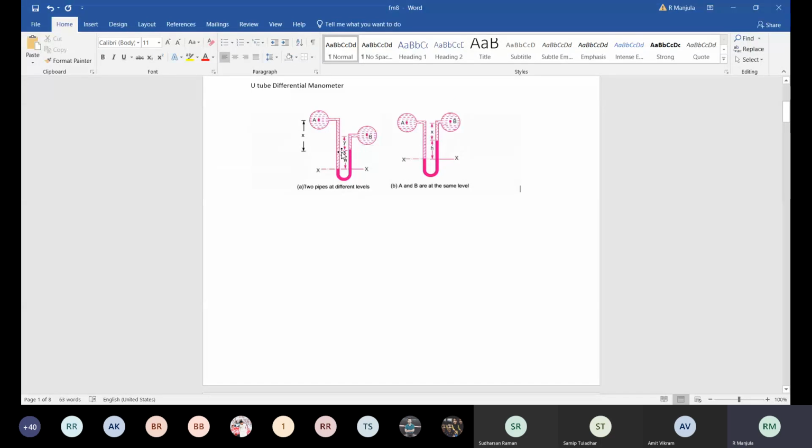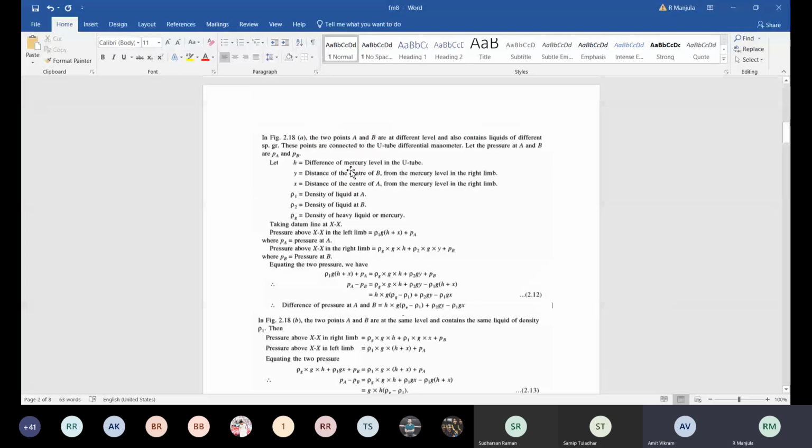Say this is the x, this is the y. In the formula that you derived in the first part, we have to multiply x by the density of the liquid in column A and y by the density of the liquid in column B. Since both are different, we have to know them individually, and those are not given in the problem. That is true.